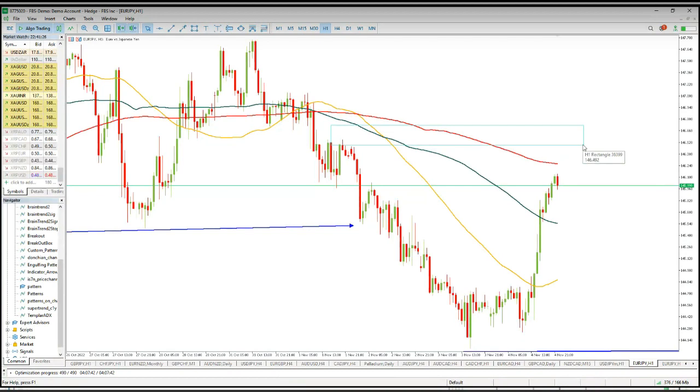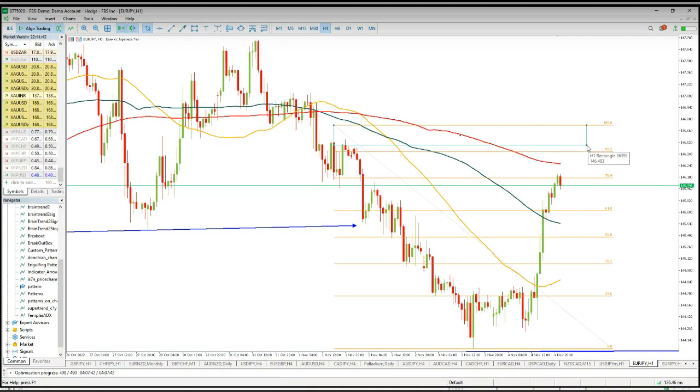Yeah, it looks interesting, but I'd rather work with something around this point, either this order block or let me say this entire thing, that entire region.